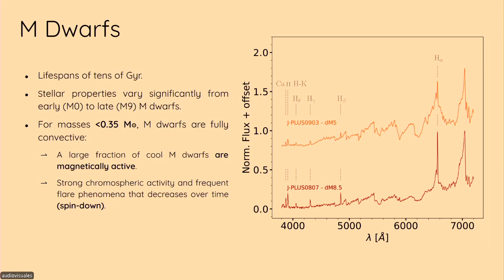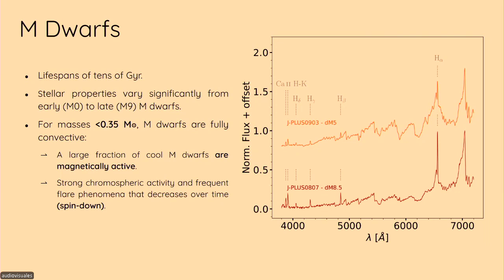And they are very interesting because in M dwarfs the stellar properties change significantly from earlier types, starting from M0, to later types, finishing with M9. The most significant of these changes is that for masses below 0.35 solar masses, which is equivalent to a spectral type of M3 or M4, M dwarfs become fully convective.